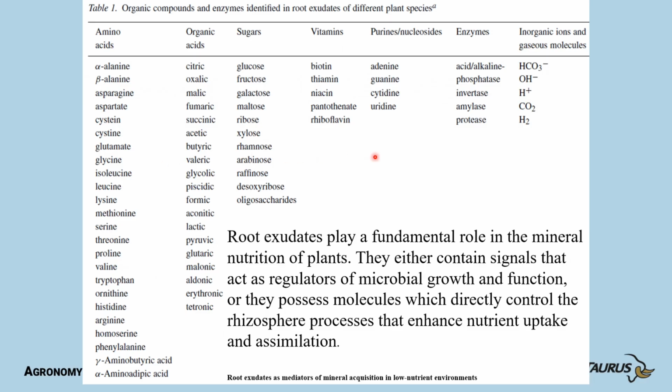And if we look at exudates, you can find these kind of tables. We get amino acids, organic acids, sugars, vitamins, all kinds of enzymes, and inorganic ions and gases that are in those root exudates and some other kinds of purines and nucleotides.